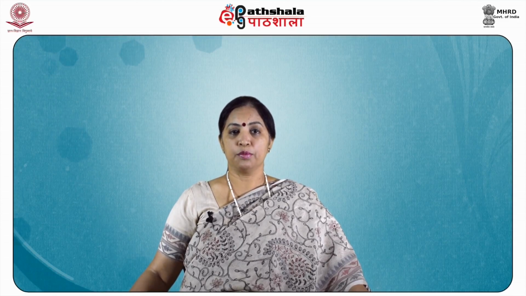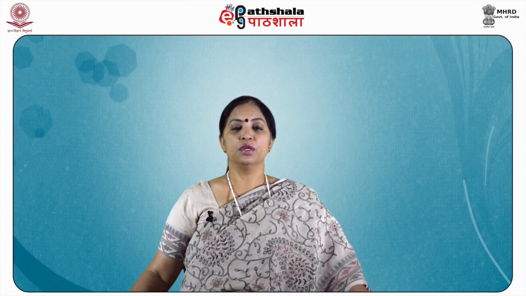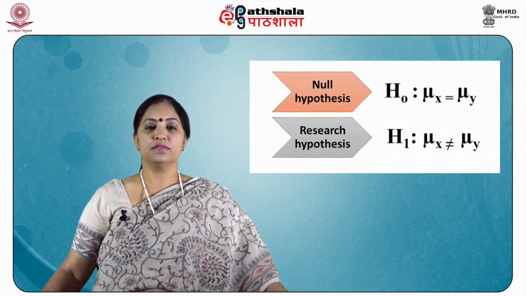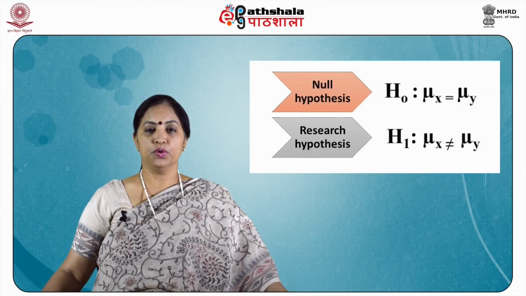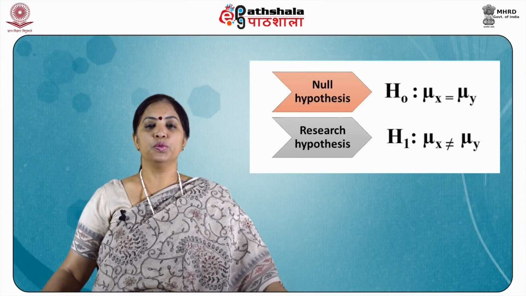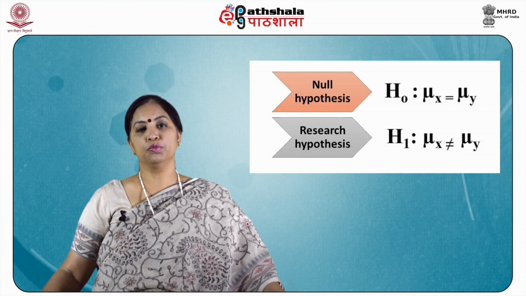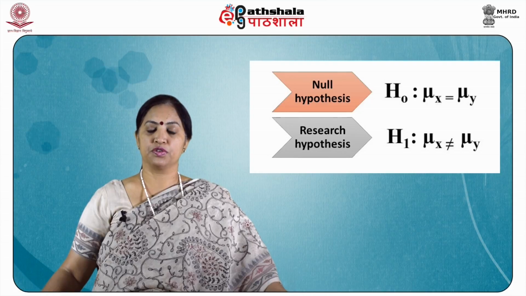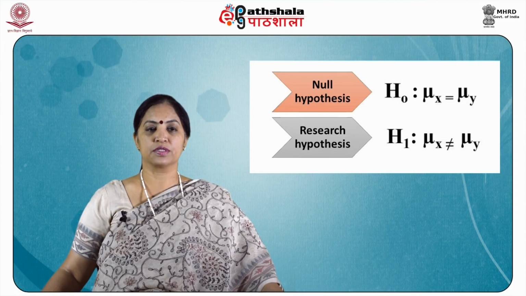Thus, the null hypothesis is where the means of two populations are the same. That is, the null hypothesis, represented as H0, is mu x equal to mu y. That is, the mean of population x is equal to the mean of population y and there is no difference.